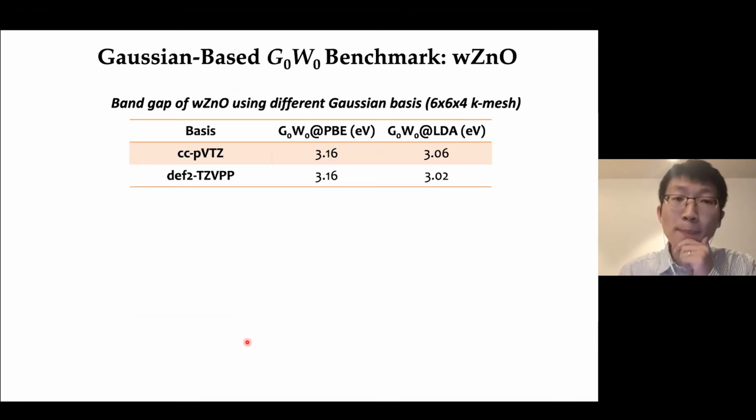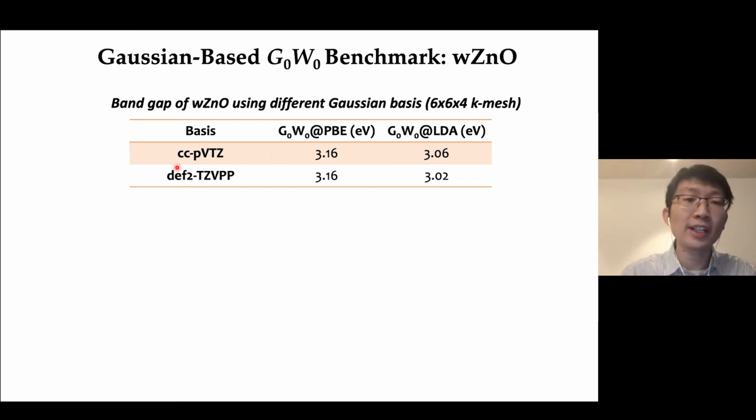And since zinc oxide seems to be always a little bit controversial and important in the GW community, it's worthwhile to take a deeper look at this material. What we did is, first of all, to test our results using different Gaussian basis sets to make sure that our zinc oxide results are not affected significantly by the choice of Gaussian basis.